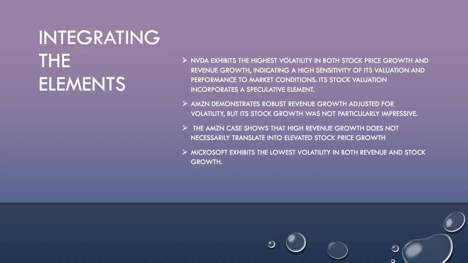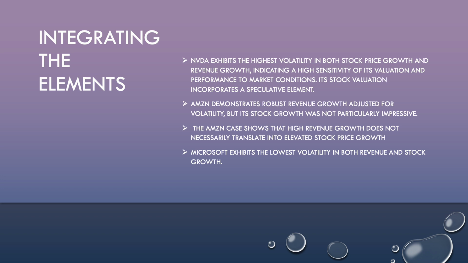Now if we put together what we saw last week and what we saw this week, basically if we combine the revenue growth analysis and the stock price growth analysis, one of our observations is that Nvidia exhibits the highest volatility in both stock price growth and revenue growth.